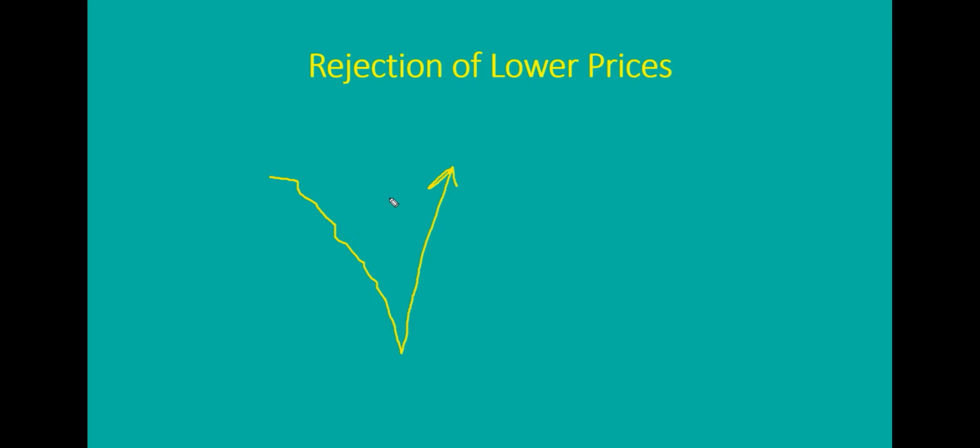So this is basically what sharp rejection of lower prices is. It is sellers aggressively pushing the price downwards, and then buyers entering the market and pushing the price in the opposite direction. Very similar to that, only reversed, is the rejection of higher prices.